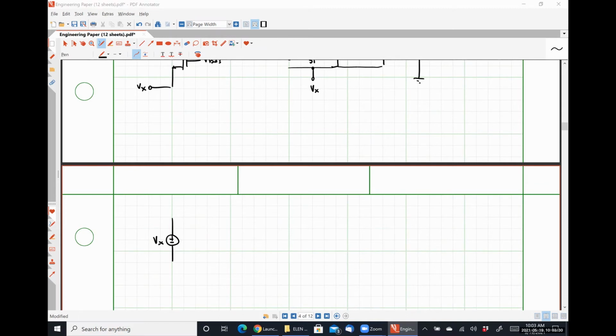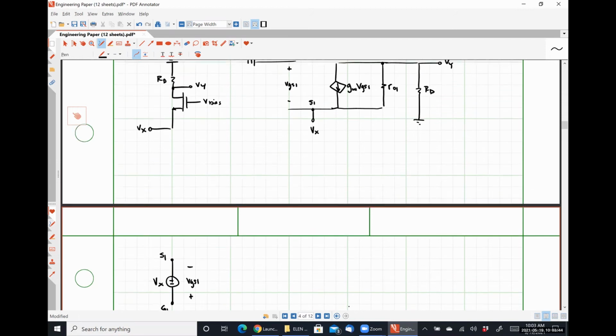Here's our voltage Vx, which, just to be super clear, here's VGS1. This node is then our source. This node is our gate.